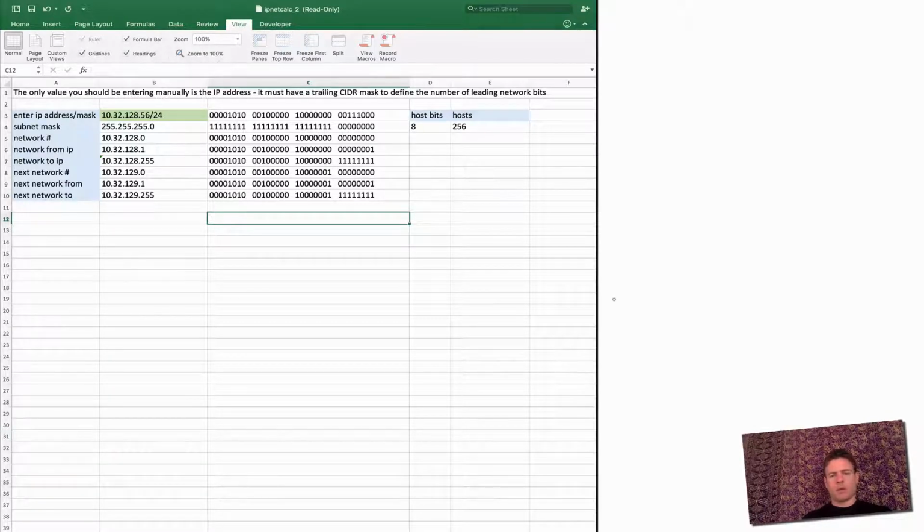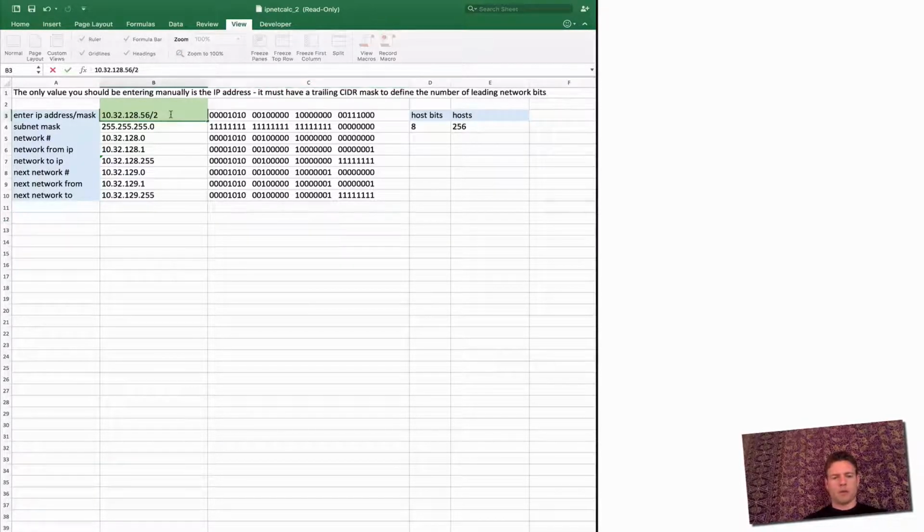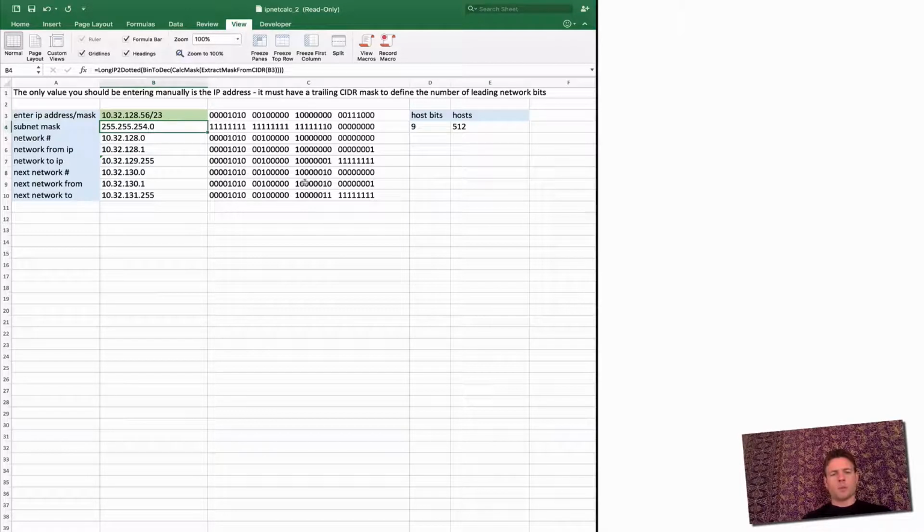So the example, this happened quite recently at work actually, this particular example where I'm going to change this to /23, right? So we were told at work that we've been allocated to set up our network in the cloud. We were allocated these private IP addresses, right?